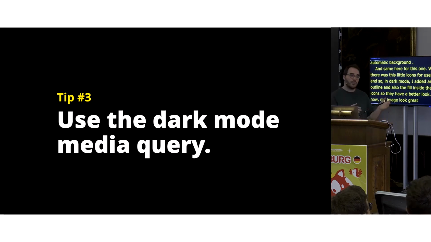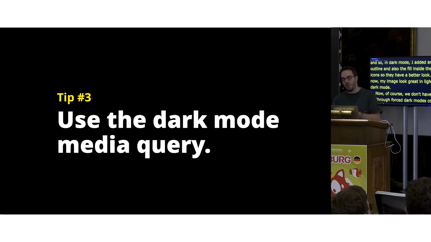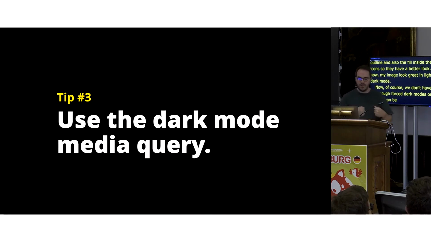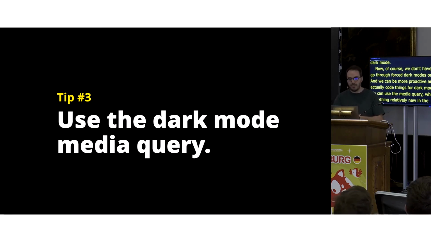Now, of course, we don't have to go through forced dark modes only, and we can be more proactive and actually code things for dark mode. And we can use the dark mode media query, which is something relatively new in the past few years, which appeared at the same time as dark mode in operating systems.